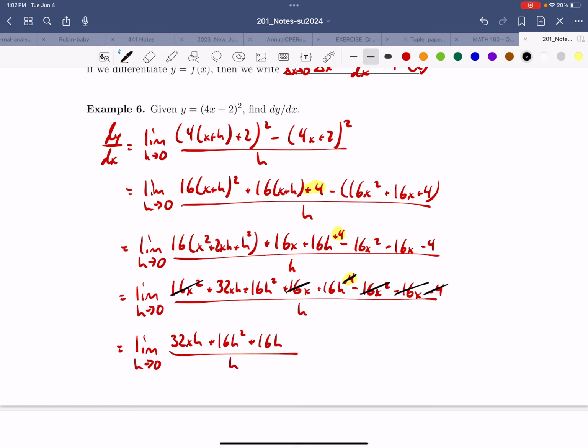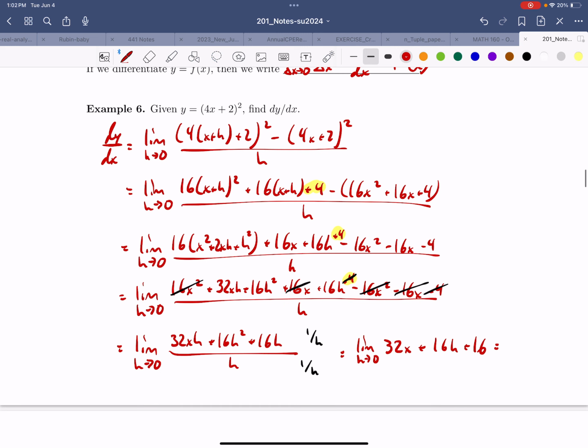I think you can see that we can now divide by h, the top and the bottom. And this will give us the limit as h approaches 0 of 32x plus 16h plus 16, all over 1.